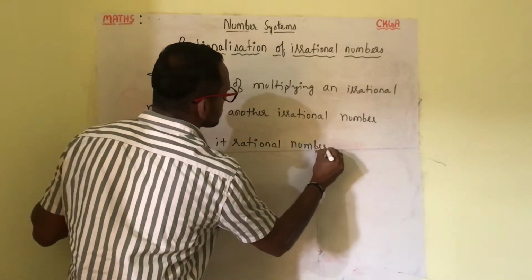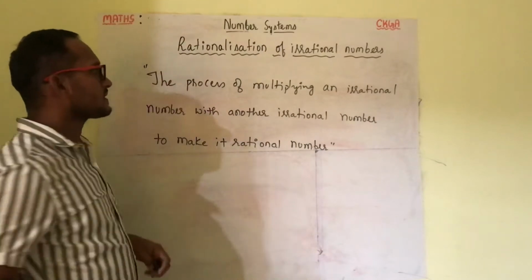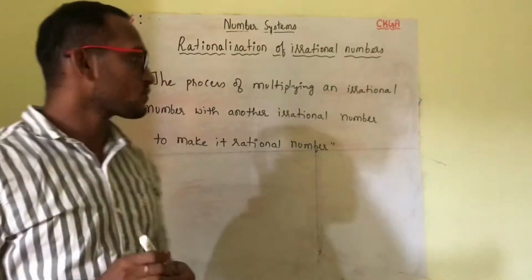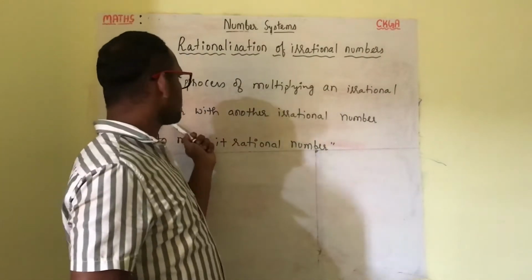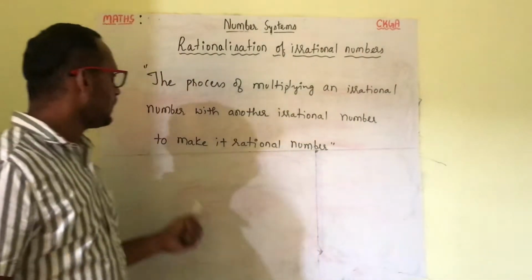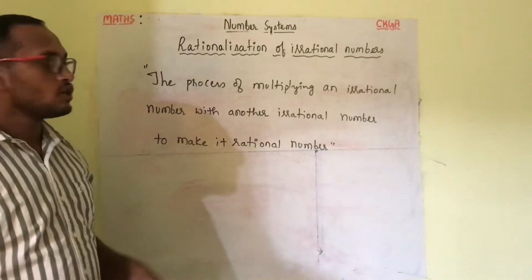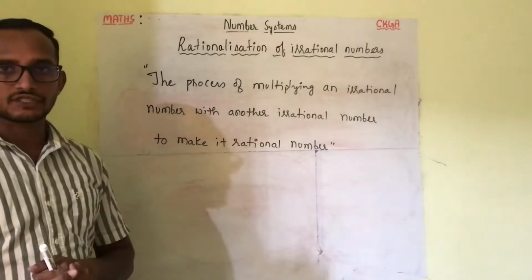Hope you've noted this statement. So what is rationalization? That is a very simple topic. The process of multiplying an irrational number with another irrational number to make it a rational number. This process is called rationalization.